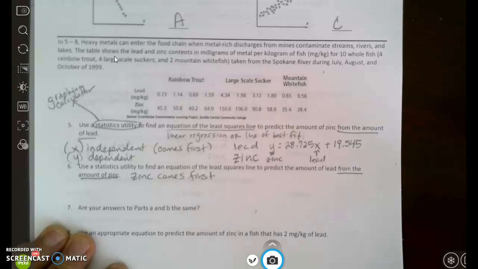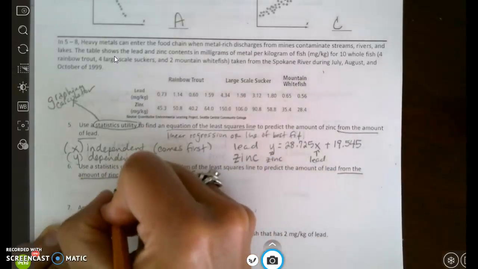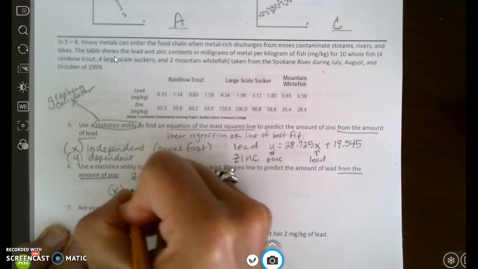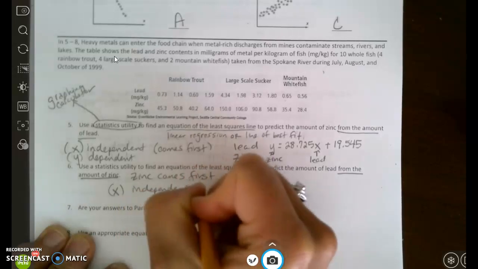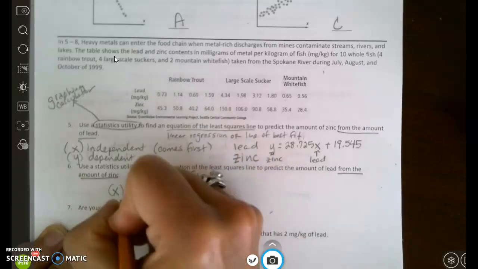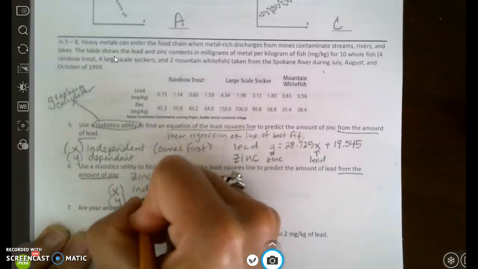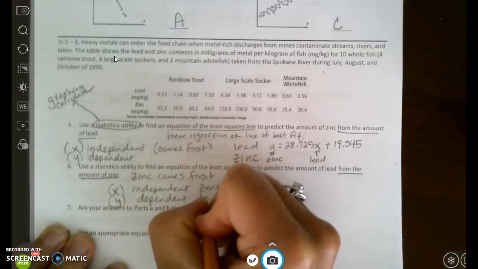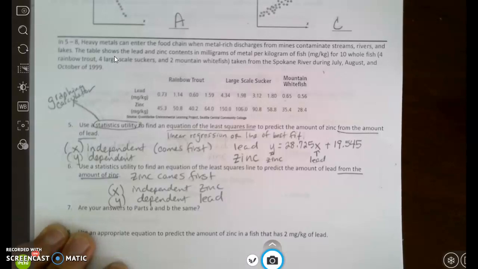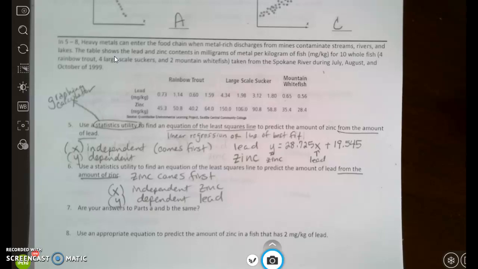And because of that, we're going to have zinc, your X, which is your independent, and your Y, which is your dependent, is now the lead. And so now we're going to have to go back to our graphing calculator and make that change.